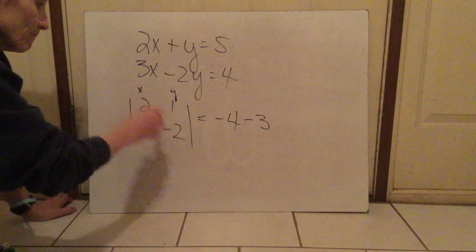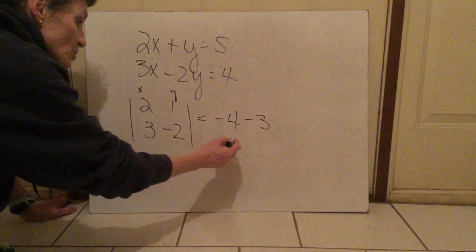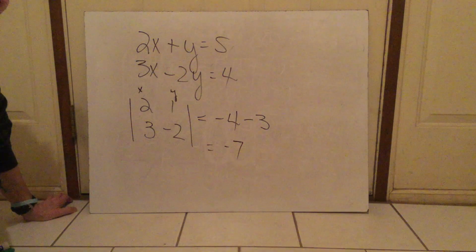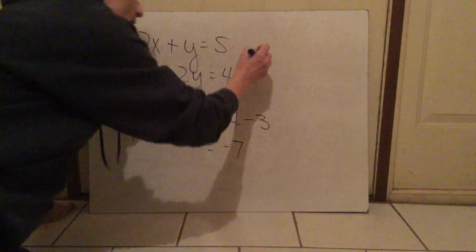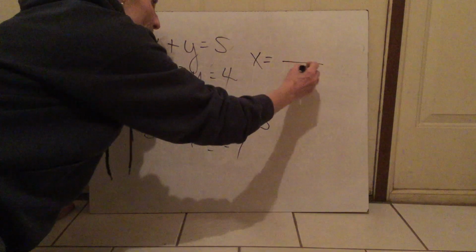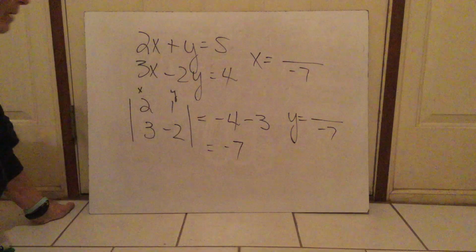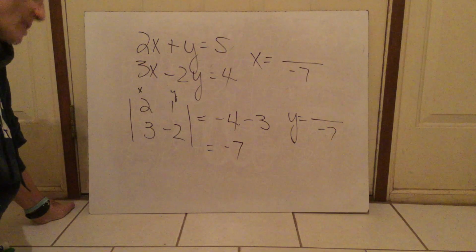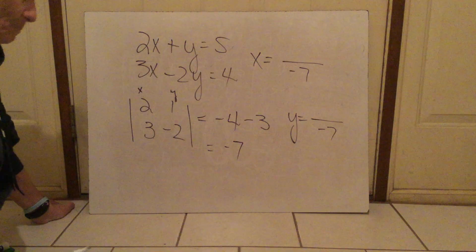So it's negative 4 minus 3. So the value of that determinant is negative 7. Now remember, with Cramer's rule, that number becomes the denominator for both x and y. So whatever x and y turn out to be, it's going to be something over negative 7 because the value of this determinant was negative 7.